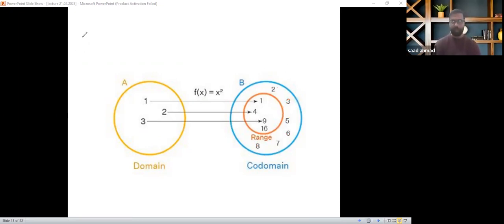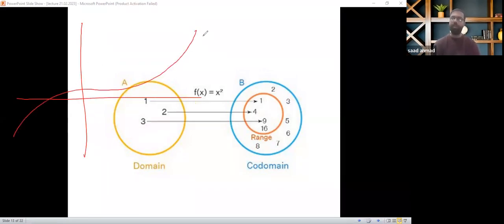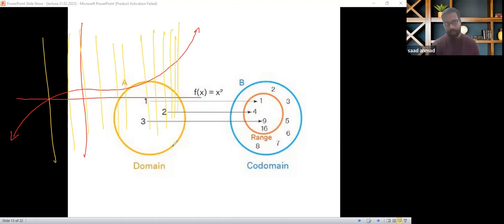And there's one more thing that is left. Let's say we have a graph of any random function, a function like this. How can we decide if it is a function or not? To do that, you just imagine vertical lines over the graph.